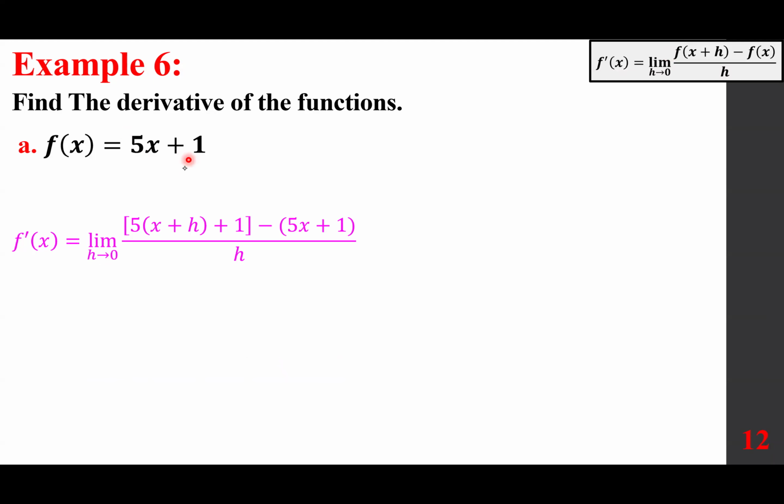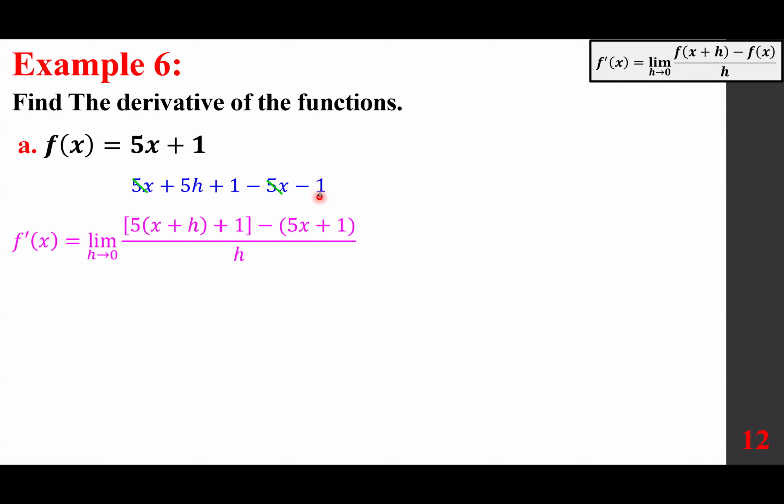So simply put, simplify the top. Needless to say, if you plug in, you get 0 over 0. So simplify the numerator as follows: 5x plus 5h plus 1 minus 5x minus 1. 5x cancels out negative 5x.